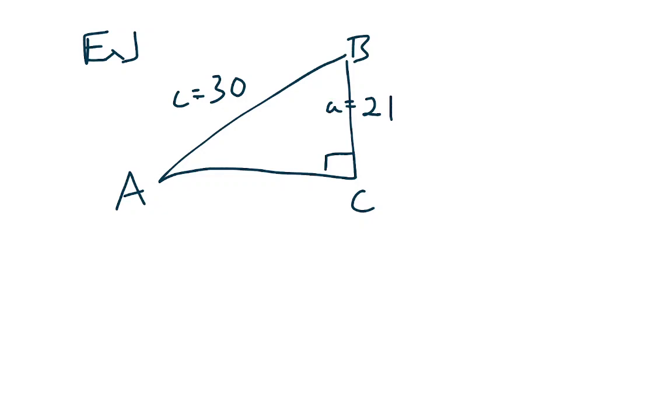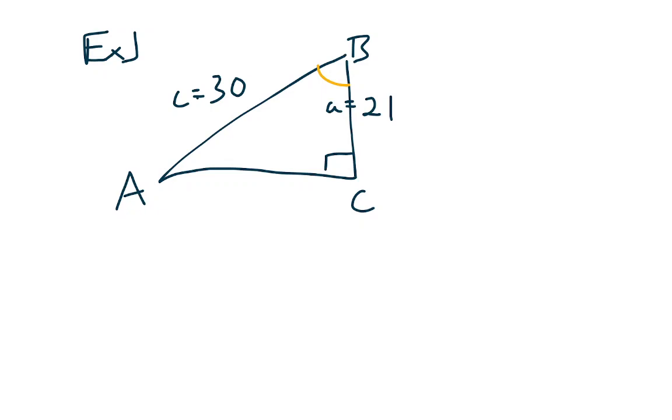Now, what we want to realize here is that our first objective is to find one of these angles. Now, the truth is I could find angle A if I feel like I'm a type A person, or I could find angle B if I feel like I'm a type B person. In other words, I can find either one that I want. Just to switch things up a little bit, let's be a type B person. Let's say that angle B is my angle of focus.